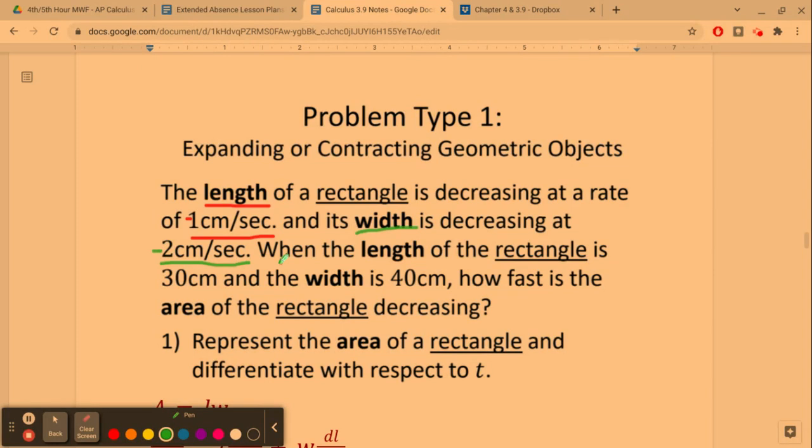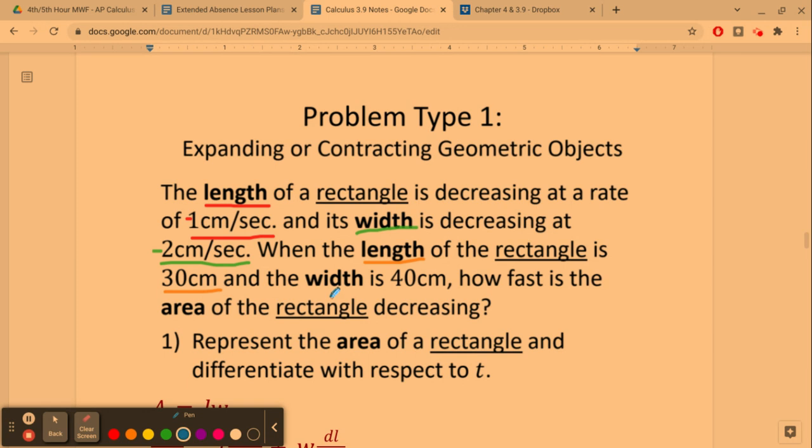All right. When the length of the rectangle is 30 centimeters. All right, so we got the length of the rectangle. We'll choose a color kind of like red, say orange. So the length is 30 centimeters. All right, and that's positive, of course. We're not having negative rectangles here.